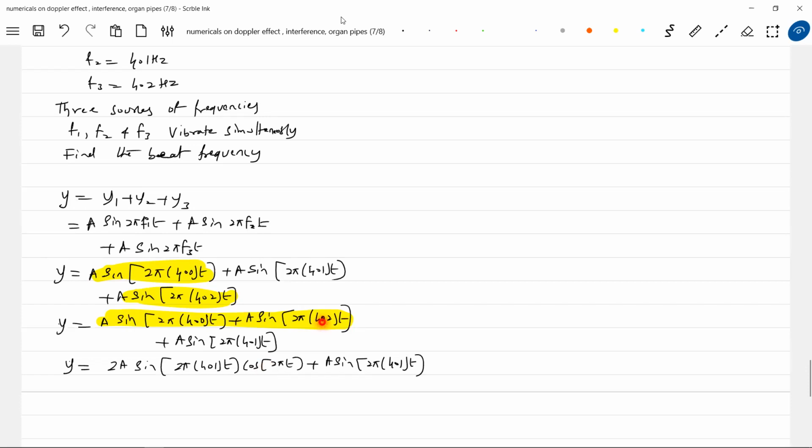Cos of (402 minus 400) by 2, so you will get 1. Then (400 plus 402) by 2 will be 401. Sin cos. Okay, if you say yes, I'll proceed. I'll put a red flower bracket so at least you'll understand what we are doing.